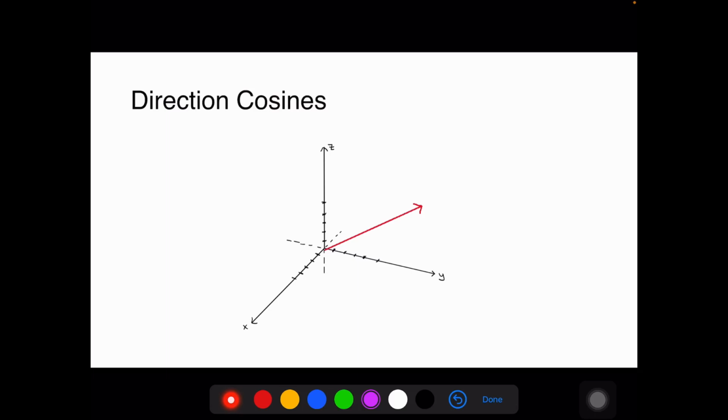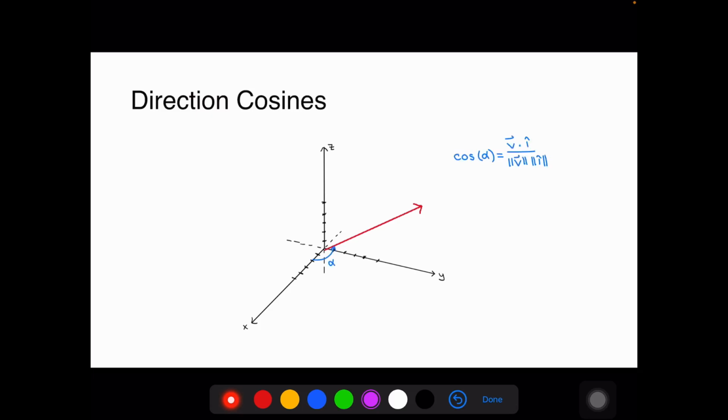We can't really just give one angle of that vector. Instead, we're going to give what's called direction cosines, which are basically angles that describe the location of the vector relative to our coordinate axes. So relative, what is the angle to the x-axis, what is the angle to the y-axis, etc.